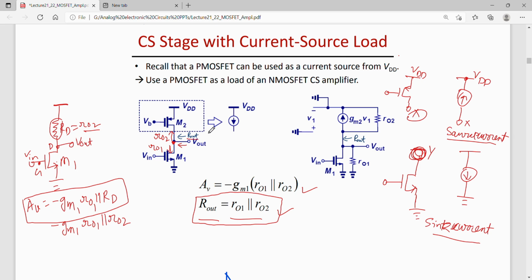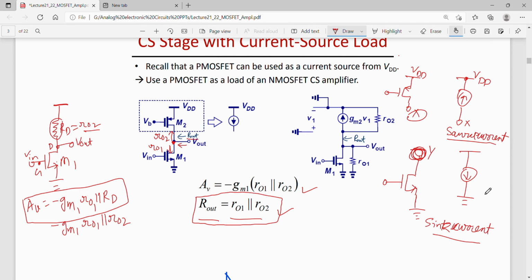Now instead of this PMOS as a load, one can also think of using an NMOS as a load. So since this NMOS has to sink the current to the ground, that means the source of this NMOS has to be connected to ground.